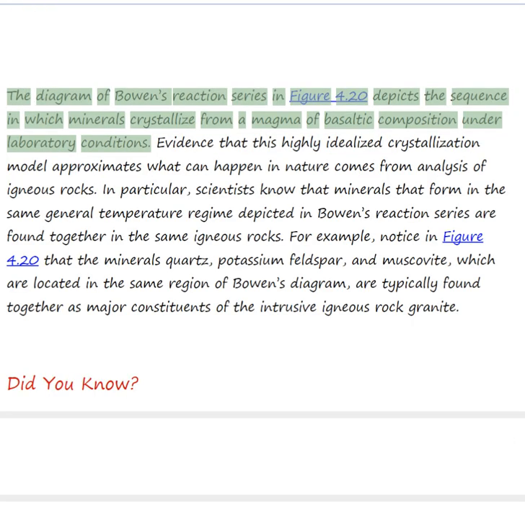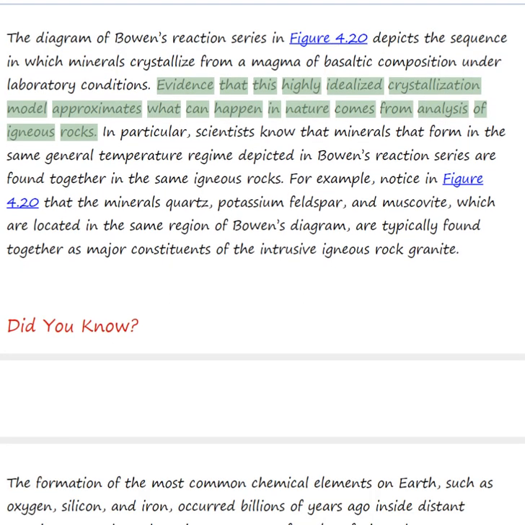The diagram of Bowen's reaction series in Figure 4.20 depicts the sequence in which minerals crystallize from a magma of basaltic composition under laboratory conditions. Evidence that this highly idealized crystallization model approximates what can happen in nature comes from analysis of igneous rocks.